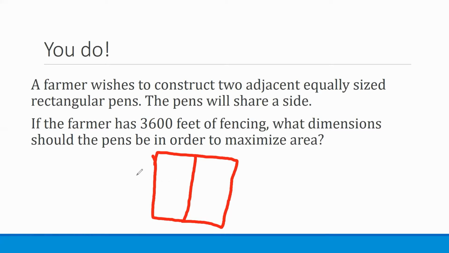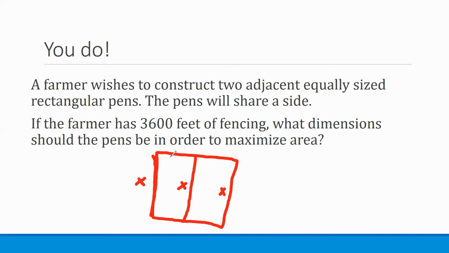We can either call the length of each pen X or the width of each pen X, it doesn't matter. But notice, as far as my fencing goes, let's call the length, the point from here to here, X. So notice, as far as fencing goes, we have 3 X's.